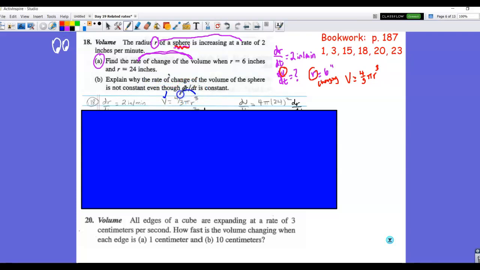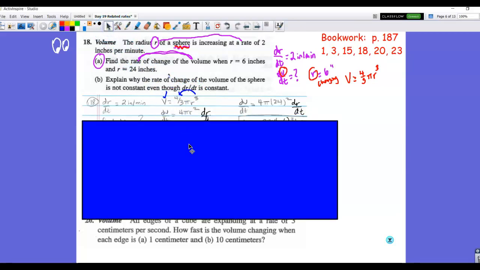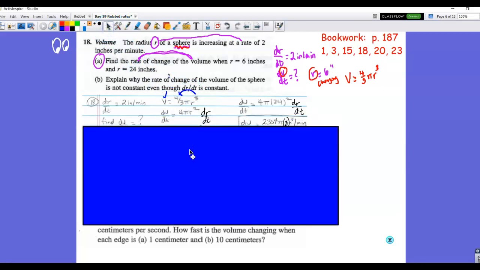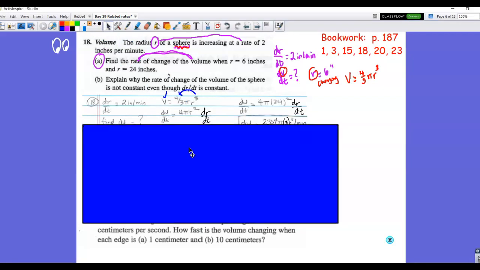Then I'm going to use the power rule to take the derivative of the right-hand side. So there's the dV/dt. 4/3 times 3 is 4. There's my power rule, pi r squared. And here's the chain. Take the derivative of r with respect to time. You have to leave the chain behind, dr/dt.